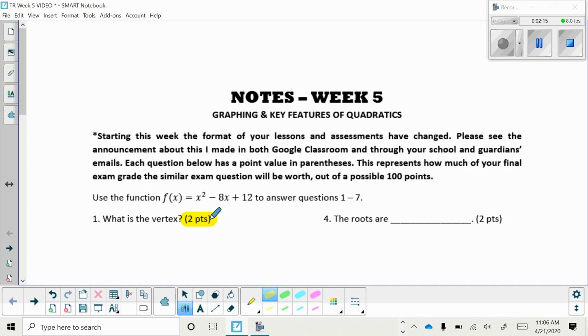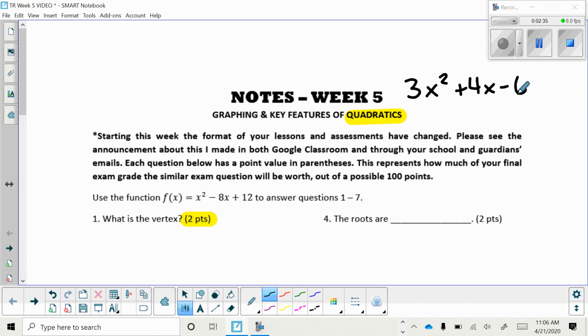The basic idea of what we're talking about today in this week is quadratics. Remember that a quadratic is something where the highest exponent is a 2. Like if you had 3x squared plus 4x minus 6.